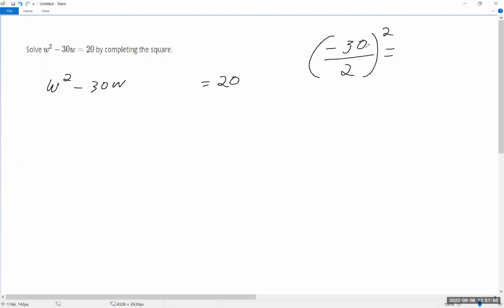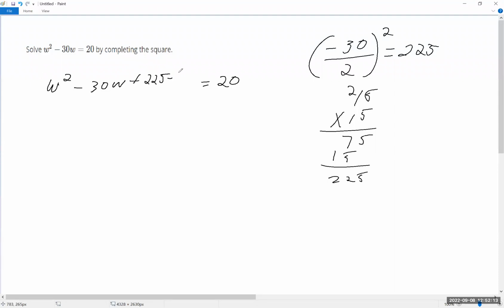So this is going to be negative 15 squared, which is 225. Just double checking my math. Yeah, 225. So what I'm going to do is add 225 and take away 225.